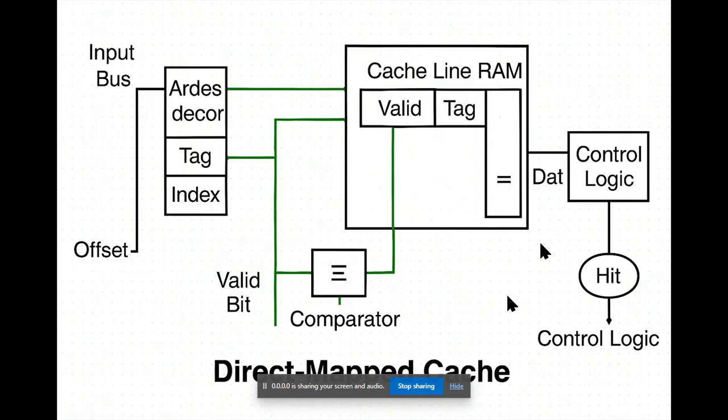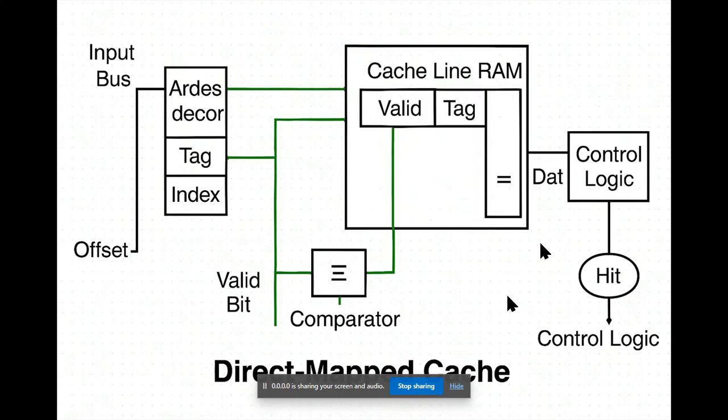So basically, in the splitting of the address in a direct mapping cache, a memory address is divided into tag, index, and offset. When accessing the cache, the index is used to go straight to the corresponding cache line. The system checks whether the valid bit is set and whether the tags match.